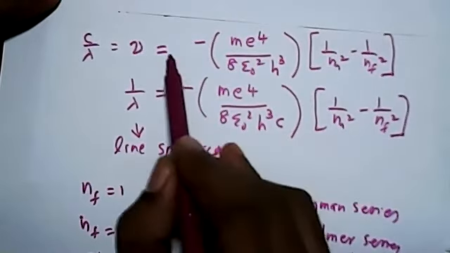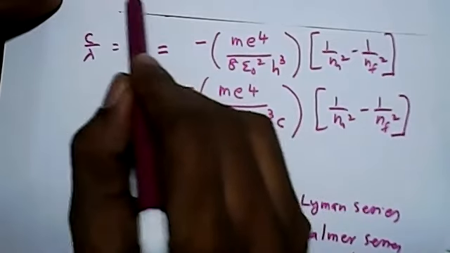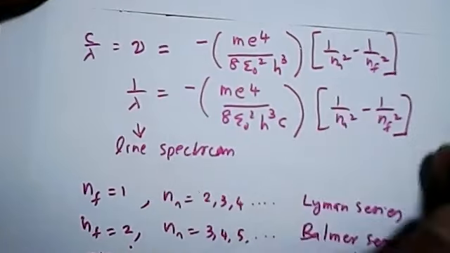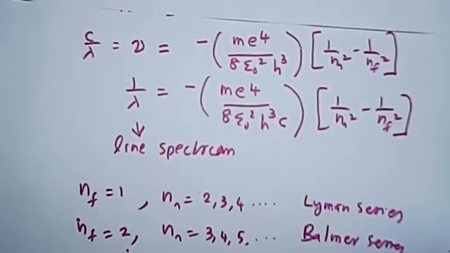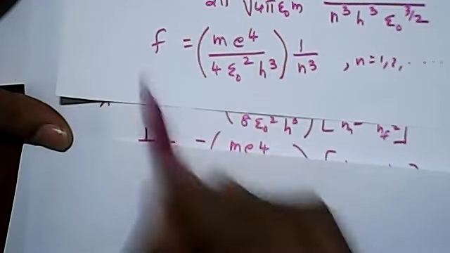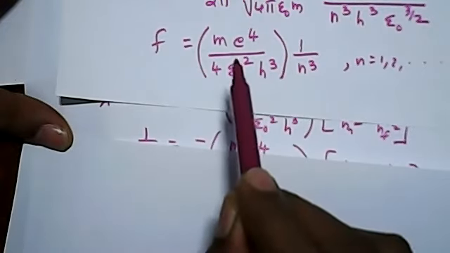Now you take this expression nu for the emitted radiation, let it be equation number 1, which is the frequency of oscillation. When the electron is revolving in an orbit, this is the frequency of rotation, or frequency of oscillation.